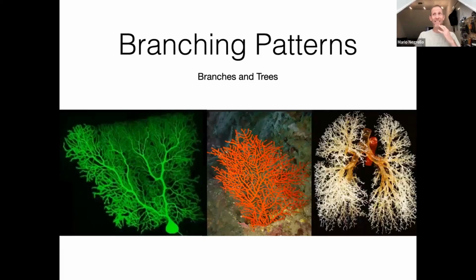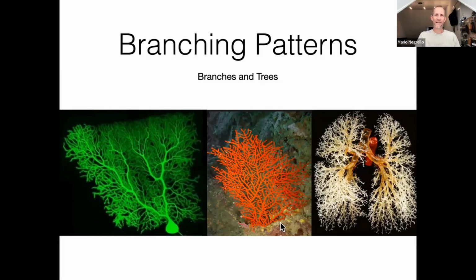In branches and trees, these pattern similarities are very striking. On the left here, you see a Purkinje neuron in the cerebellum. It's a flat neuron, and that flat neuron receives information, like when I wave my hand and it recognizes my gesture. It receives input from fibers shooting through orthogonally.